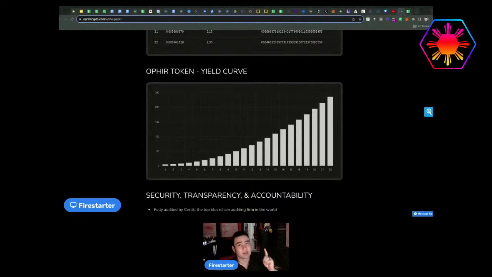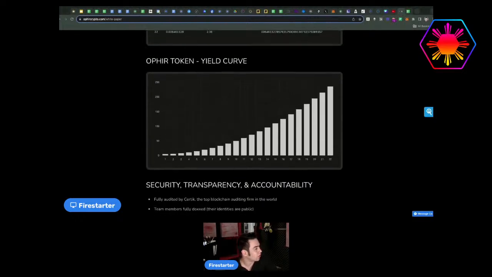The reason we decided on 22 years is because we wanted this to be intergenerational. We wanted people to be thinking of future generations when they stake their Ophir. And what's wonderful about it, like I said, is that you can actually withdraw your interest. So this is the yield curve beginning year one all the way to year 22.